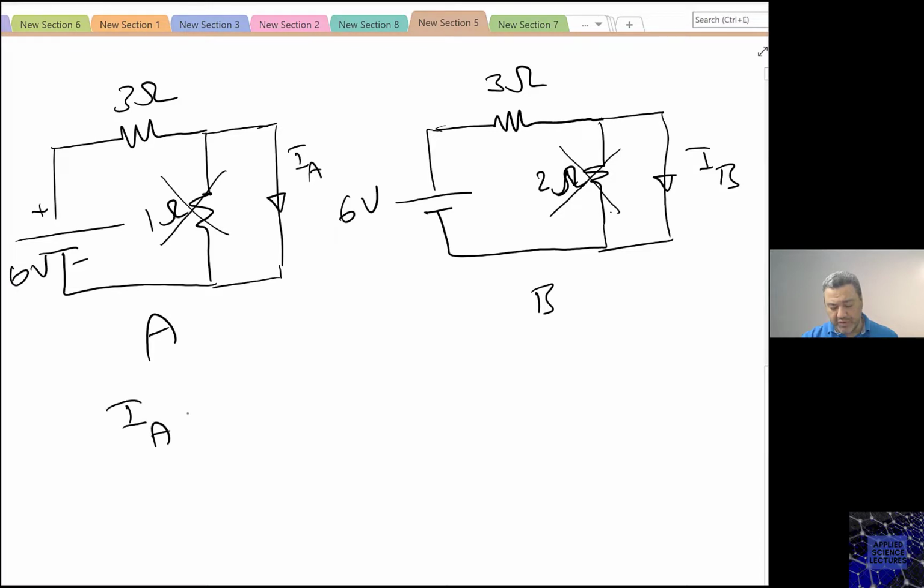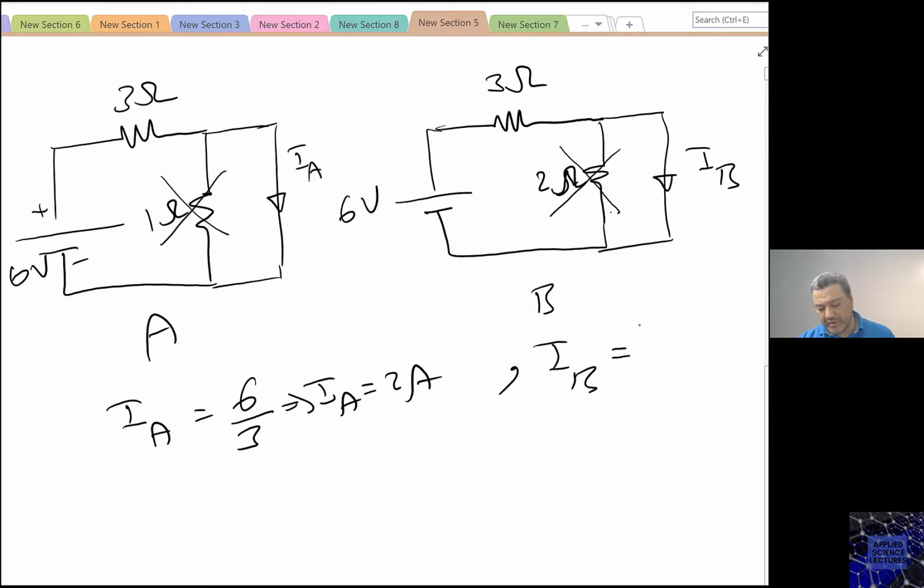So I have IA as 6 divided by 3, 2 amperes, and IB is also 6 divided by 3, which is 2 amperes, which means that the energy stored in those two inductors would be the same.